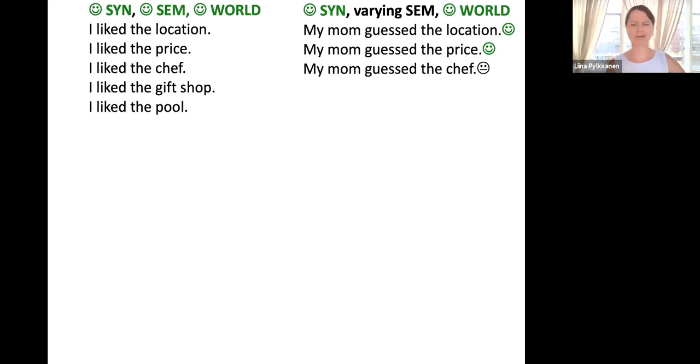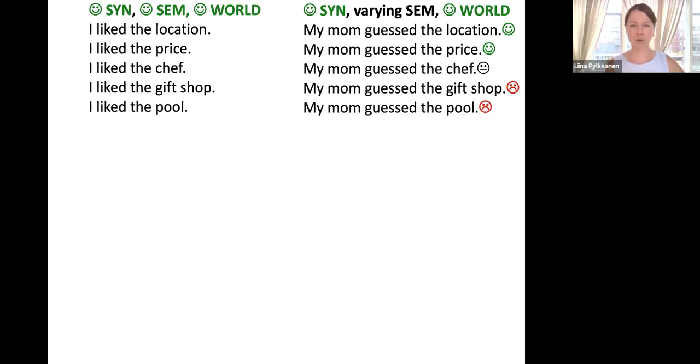But now something a little odder is starting to happen. My mom guessed the chef, a little harder to interpret. How about the next one? My mom guessed the gift shop. Even worse, this now is a very unlikely sentence that I would use. My mom guessed the pool.